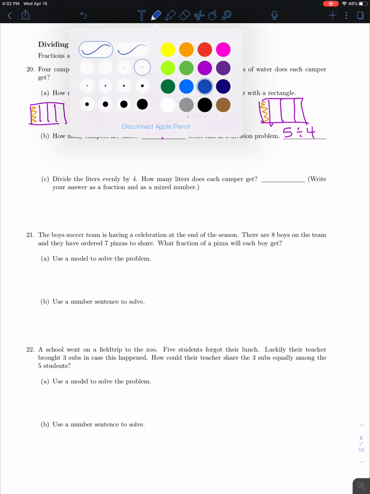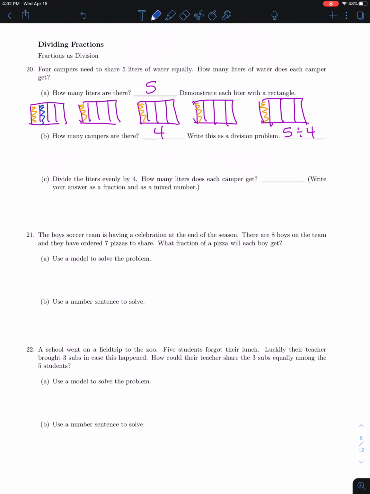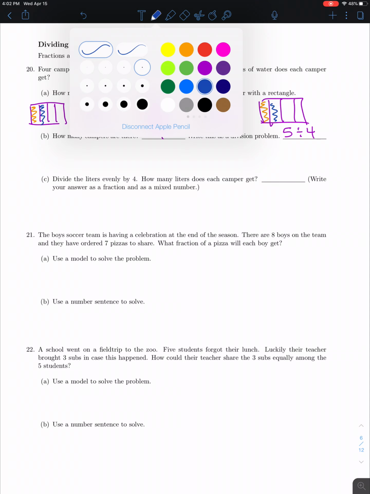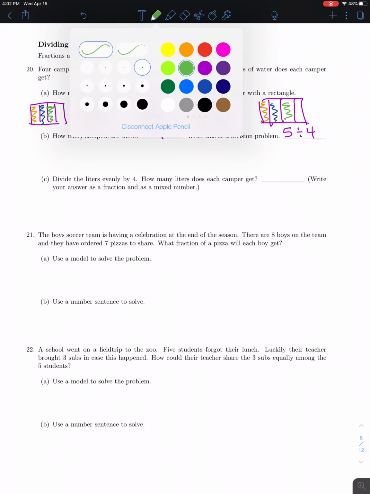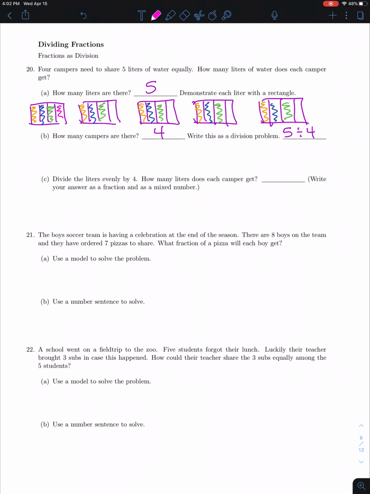Whoever is, let's say, blue, this is going to be their share of water. Whoever is green, this is going to be their share of water. And then finally, whoever is pink, this is going to be their share of water.